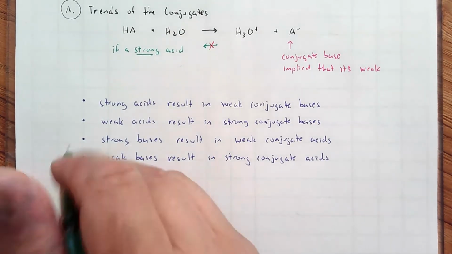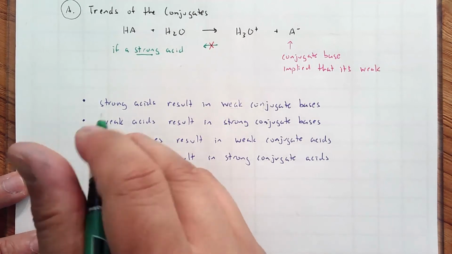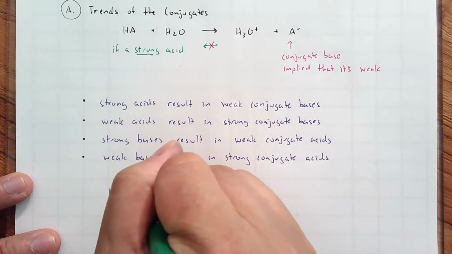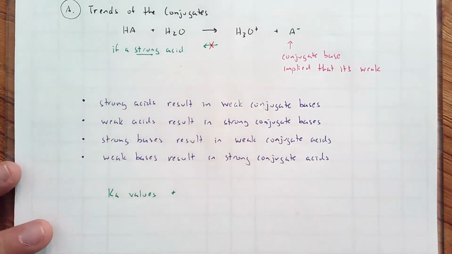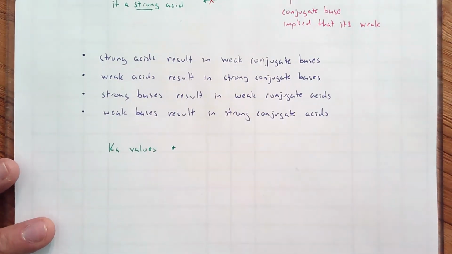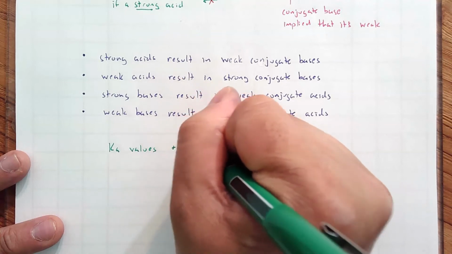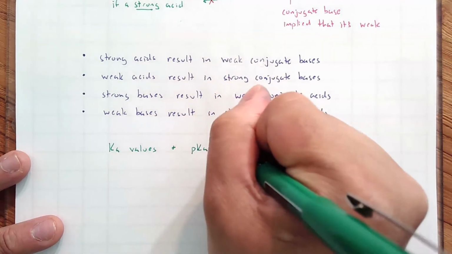Oh, before I do that, what we're going to notice is that Ka values, and it depends what order you're watching these videos in, but if you know what a pKa is, pKa values will be useful.